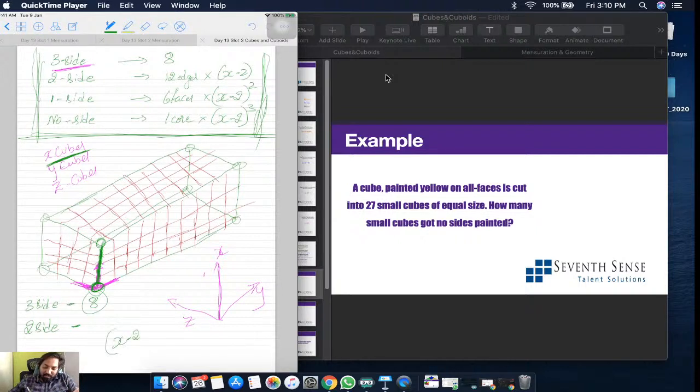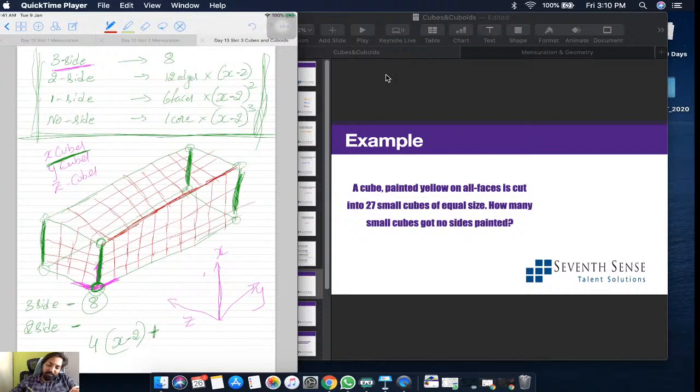How many edges are there like this? 1, 2, 3, 4. So 4 into x minus 2. And is that the only edge? No, there are other edges.